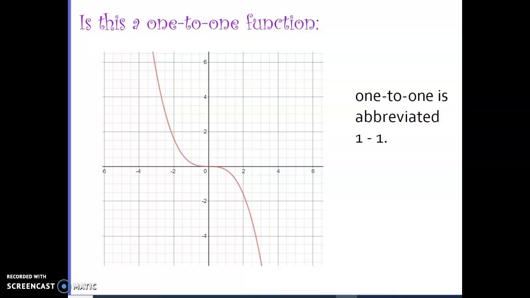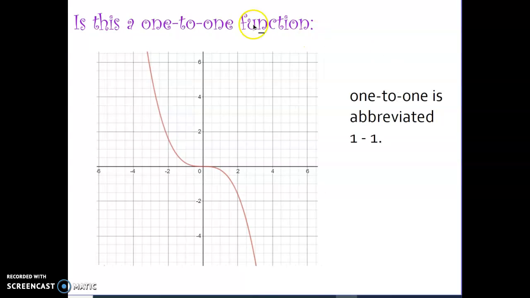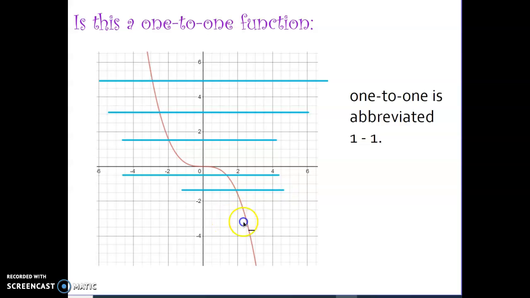Okay, so how about this one? Let's see if this one is one-to-one. Is every y value different? All right, let's put some horizontal lines on there just as a test. And you can see that every time, my horizontal lines only go through one point. Now right here, it gets a little tricky.